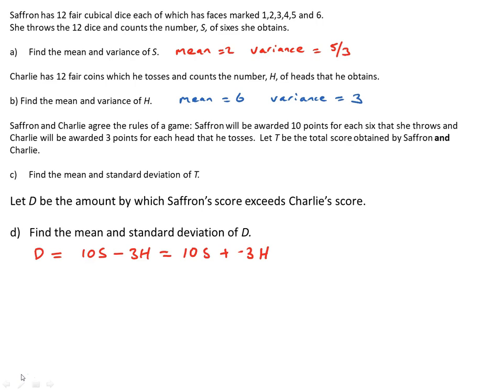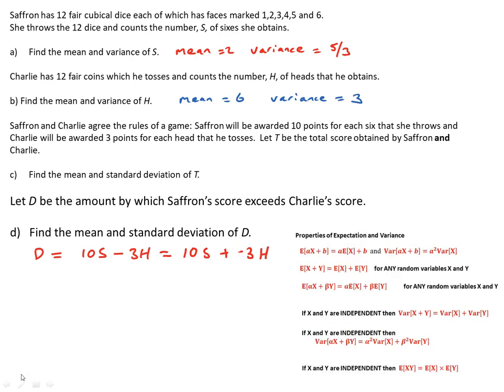And there's nothing stopping us from saying that D is equal to 10S plus minus 3H. And if we do that, we can make use of the results that we've mentioned earlier on. So the expected value of D is going to be the expected value of 10S plus minus 3H.